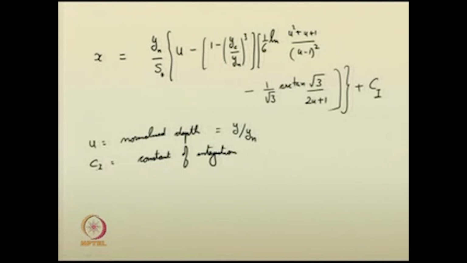This solution was obtained by Bresse in 1860. So, you see it was long back in the 19th century itself such a solution was identified. This is called the famous Bresse solution for gradually varied flow profile.